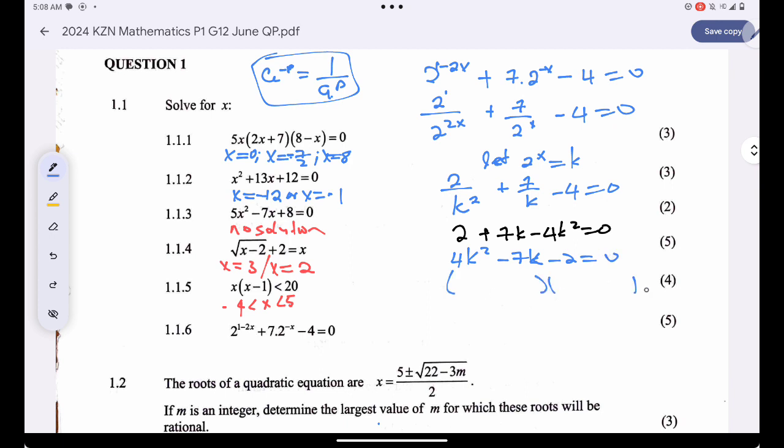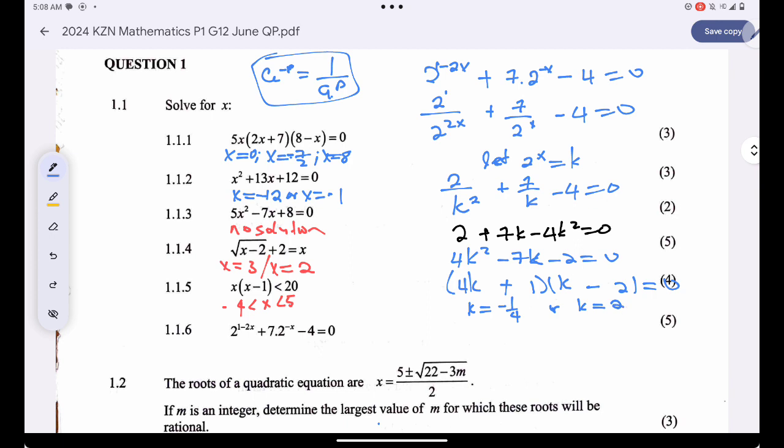Now I'm looking for the factors of both 4 and 2, that when I subtract will give me 7. I'll have 4k, k, 2 and 1, and then I'll have minus and plus here. So therefore k is equal to negative 1 over 4, or k is 2.